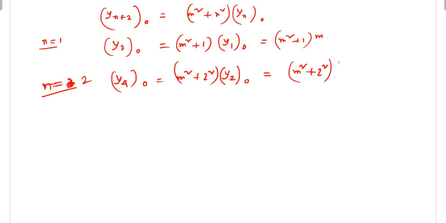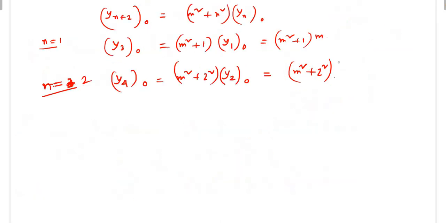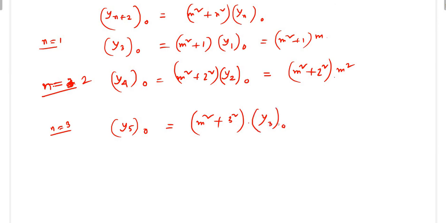What is y2? y2 is m square. Now if I put n equal to 3, this is y5 at 0 equal to m square plus 3 square into y3 at 0. That is m square plus 3 square into m square plus 1 square into m, as y3 at 0 is given.